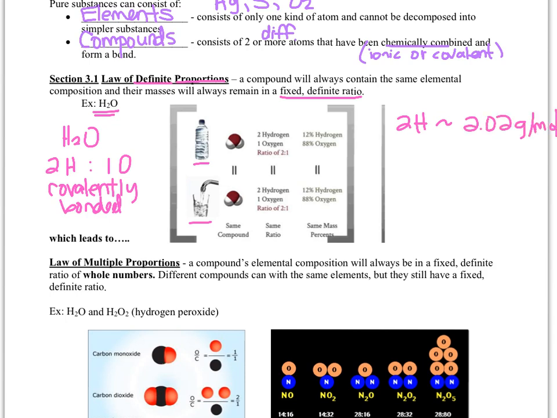And if I have one oxygen, then that's essentially going to be 16.0 grams per mole. So it doesn't matter if I have a swimming pool of it, the ratio of mass would always reduce to 2 to 16, okay?